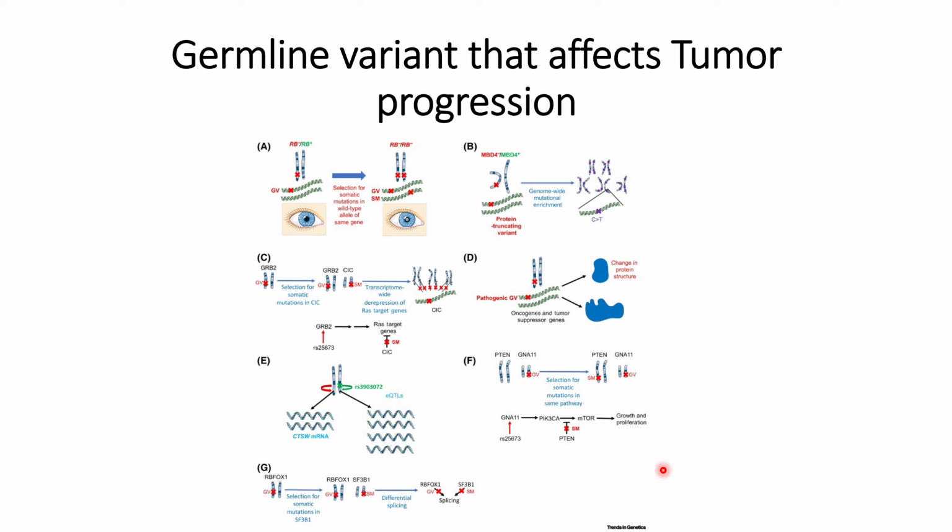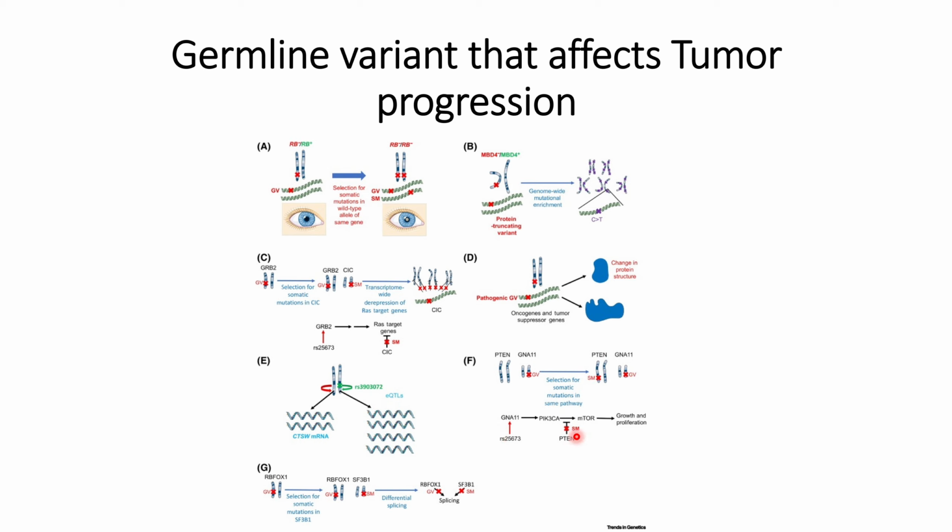The next figure is related to a germline variant in one kind of gene leading to a somatic mutation in a gene that has a similar function as the gene with the germline variant. One example is shown here. In this case, the mutation in GNA1 will lead to a somatic mutation in the P10 gene.